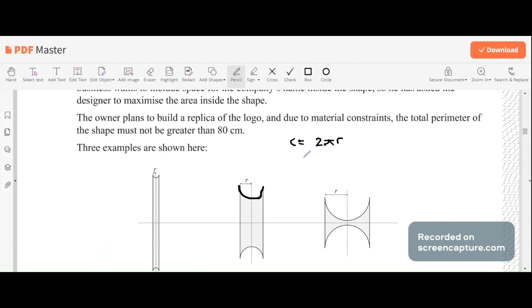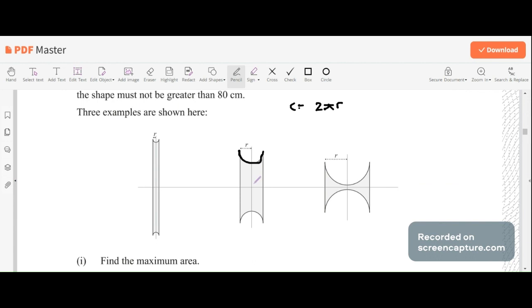Therefore, half the circumference, which we have got here, would be half of that. But we don't actually need to halve it because we've got another semicircle of the same radius over here.